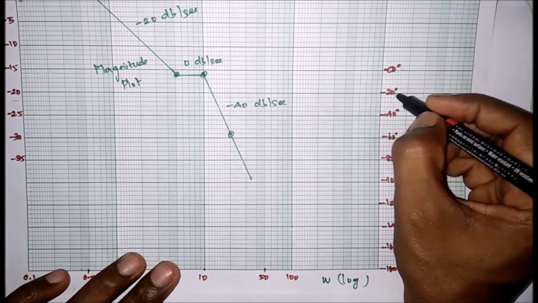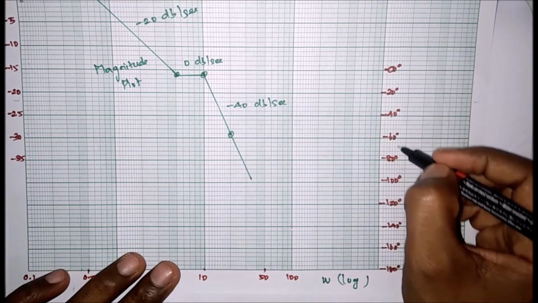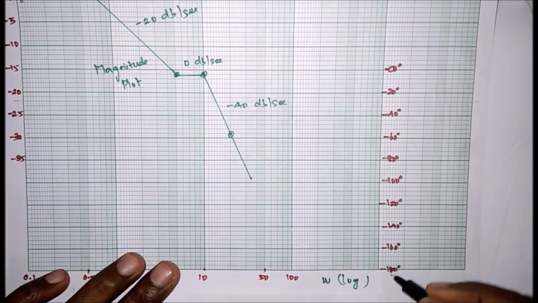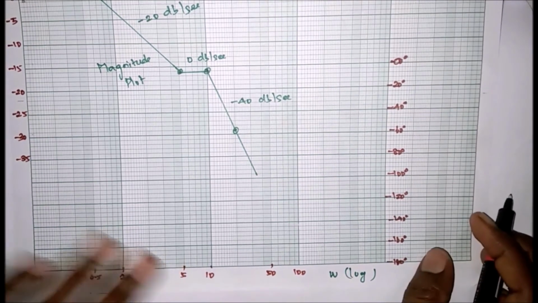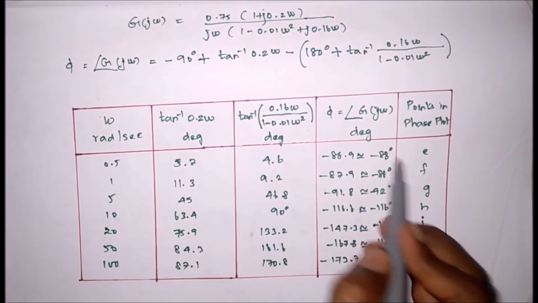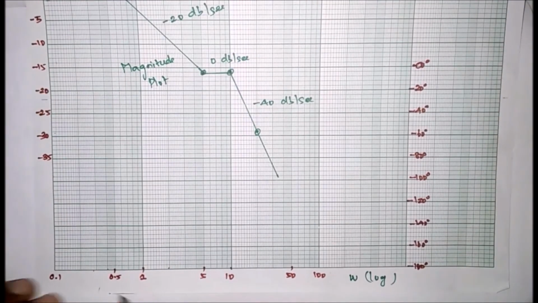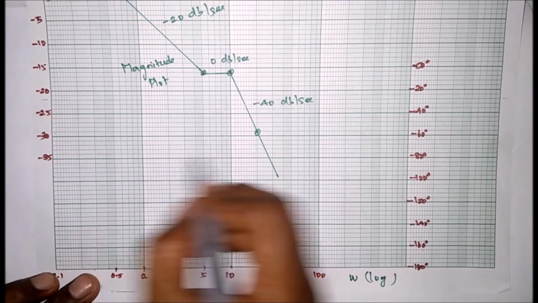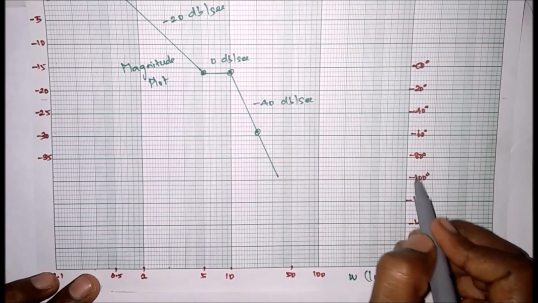So it is minus 20, minus 40, minus 60, minus 80. So likewise up to minus 80 we have to mark here. So now for 0.5, what is the angle? Minus 88 degree.